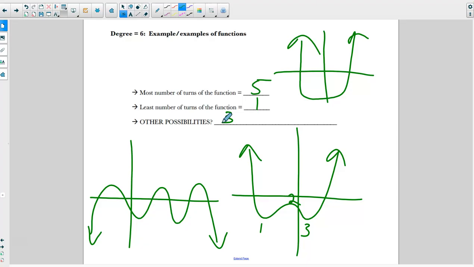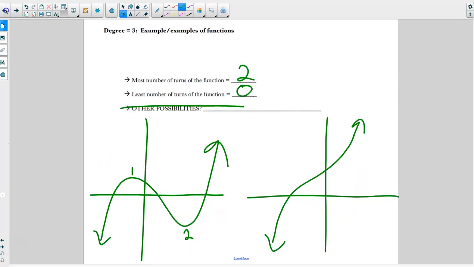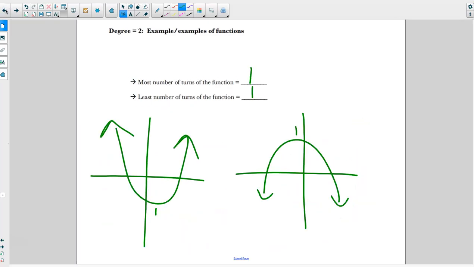Okay, let's check some things out. So really, I hope you notice that evens and odds go together. So the evens do one thing, the odds do another. If I look at the evens, so if I look at 6, 4, and 2, the number of turns that they have is always an odd number.